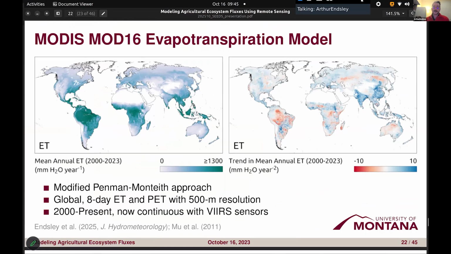We recently did a comprehensive recalibration and validation of this model for MODIS Collection 7, and also extended this model to the VIIRS sensors, which are aboard 3 different satellites operated by NOAA. And so now we know that we can continue these global estimates of evapotranspiration through the year 2030 and beyond.